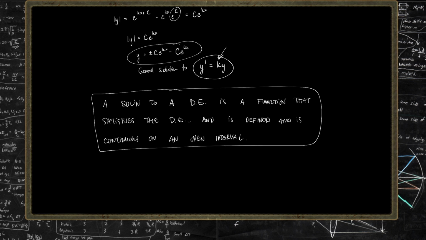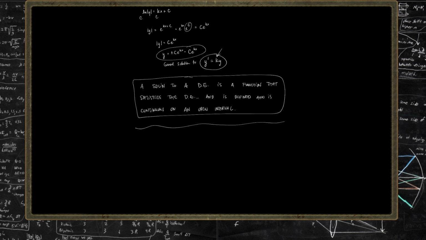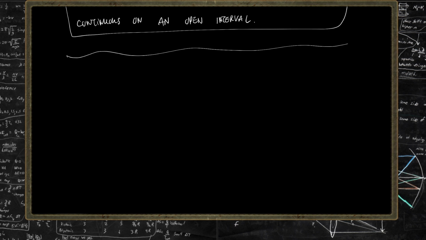All right, so you have what a DE is, you have what a solution to a DE is. Now let's go into classifying some more DEs, so some more terms. The idea of linear versus nonlinear.